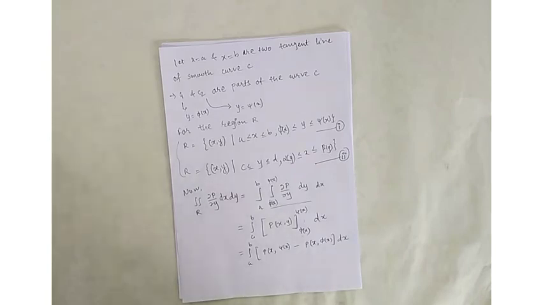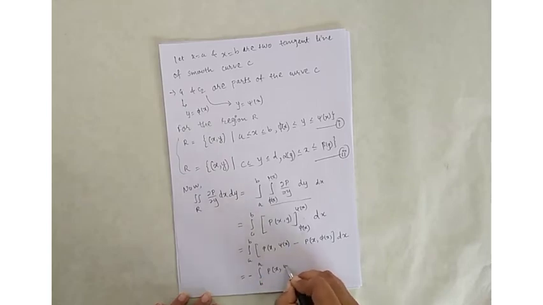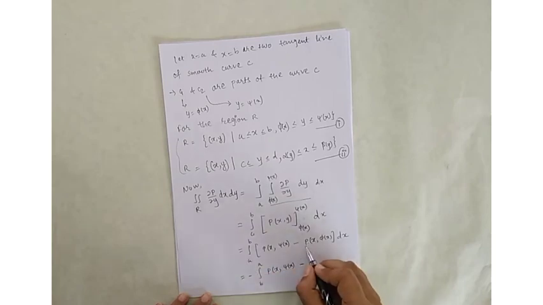Next, if I change this limit, the integration will become negative. So minus the integral from b to a of P(x, psi of x) dx, and minus the integral from a to b of P(x, phi of x) dx, keeping this integration as it is.